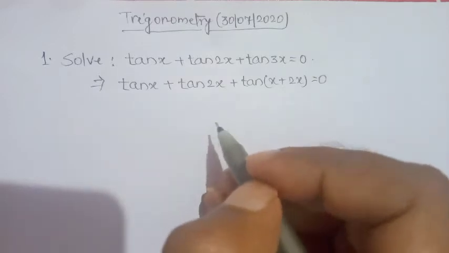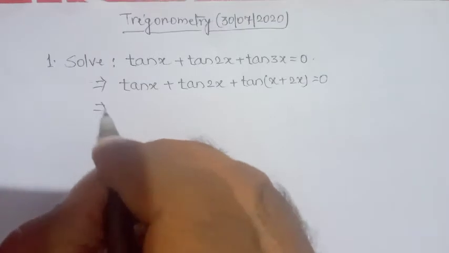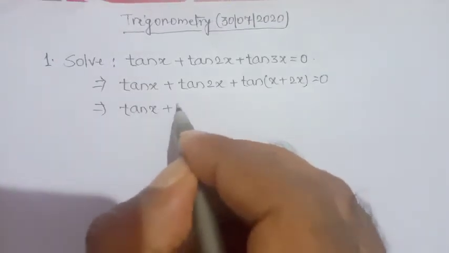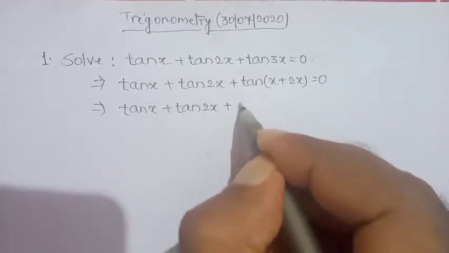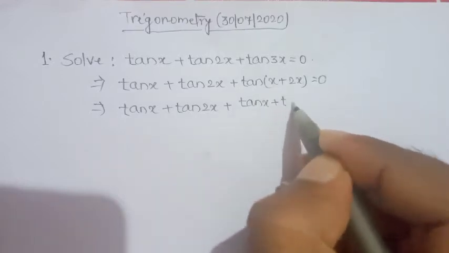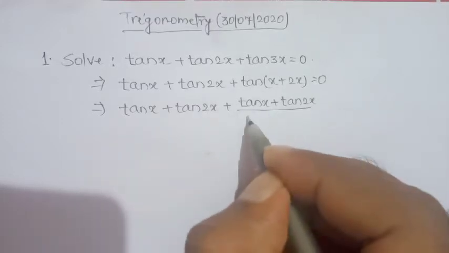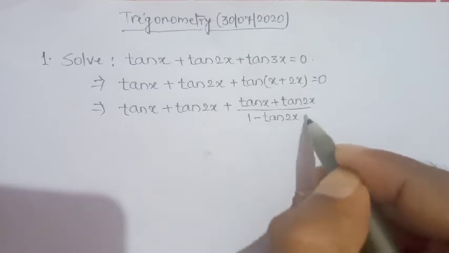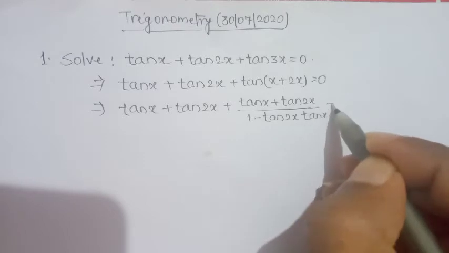Now apply the formula for tan a plus b, which should be written as tan a plus b is tan a plus tan b divided by 1 minus tan a into tan b. That should be equal to 0.